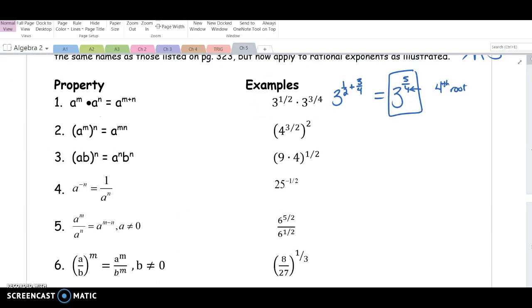All right, let's try the next one. The property says if you've got exponents broken up by these parentheses, you multiply the exponents together. So we are going to do 4 raised to the 3/2 times 2.